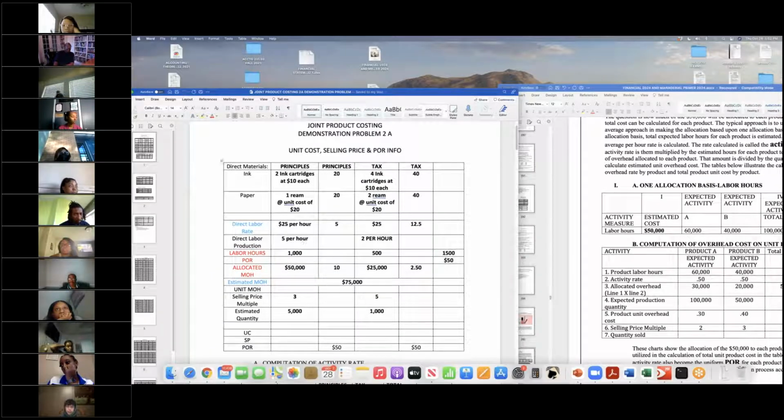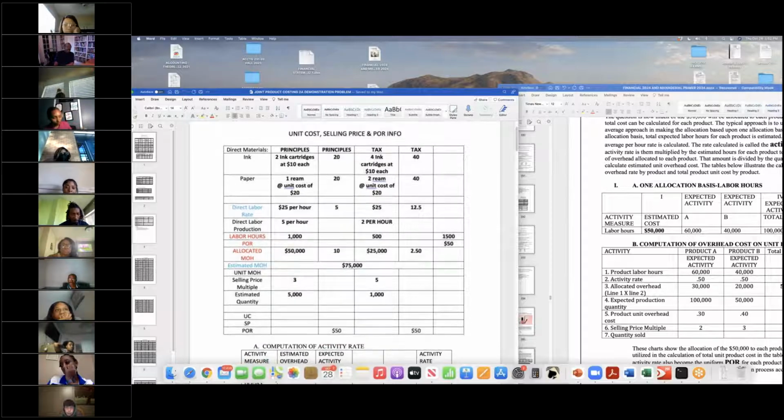If it's 5 per hour and we've got to make 5,000, then it'll take us 1,000 hours. So we just get that calculated. And if we're making 1,000 tax books, and we can make 2 an hour, then those are the hours.